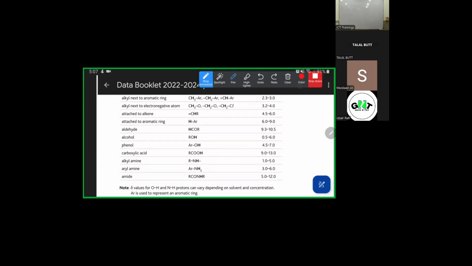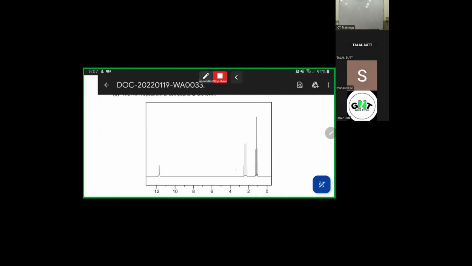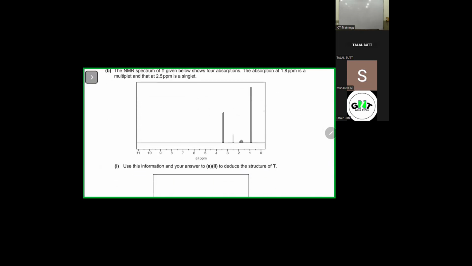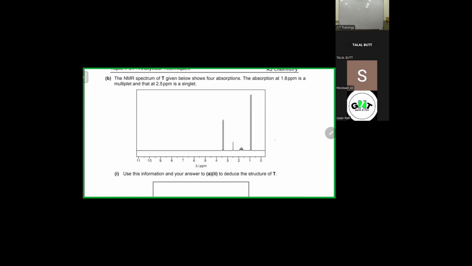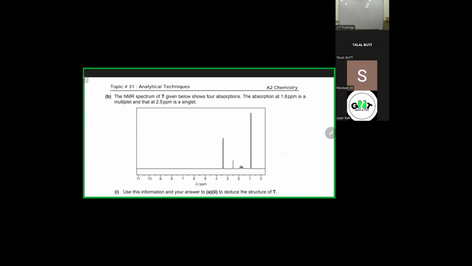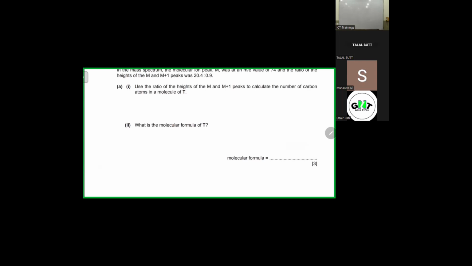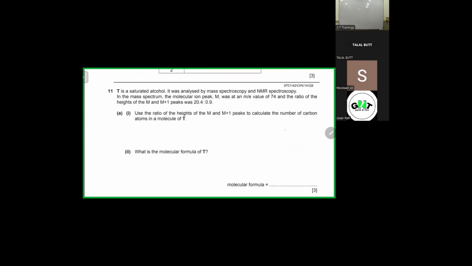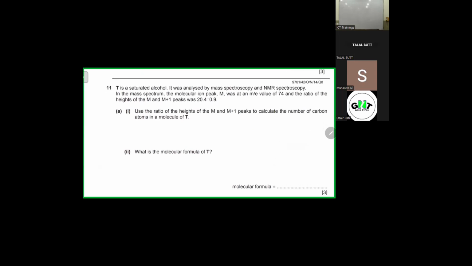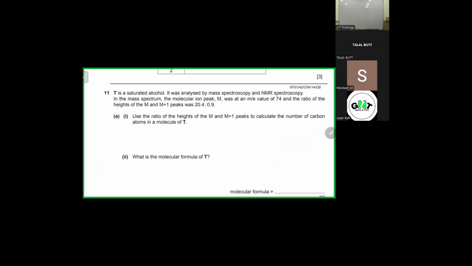Okay, my dear students, now let's see some other questions if we find any. So this is the question. In this question, find out the number of carbons first of all, guys. How many carbons are present? Please find it out.